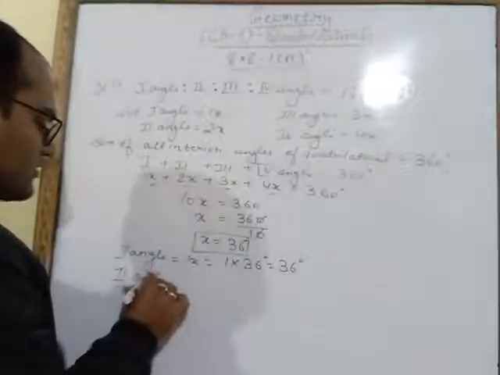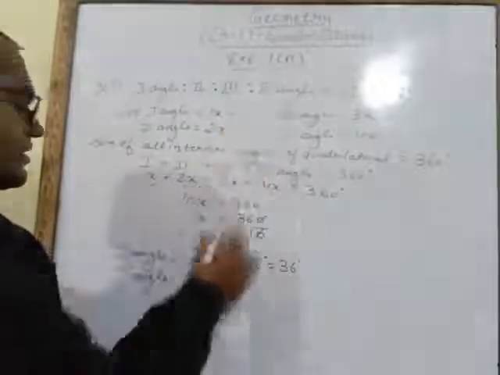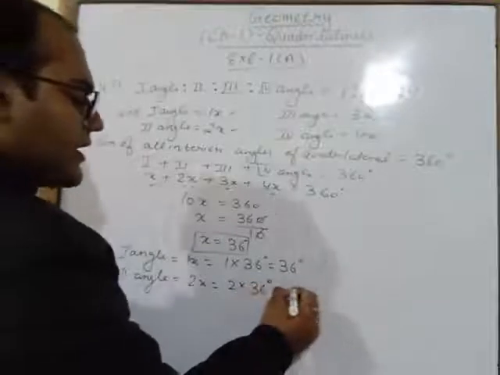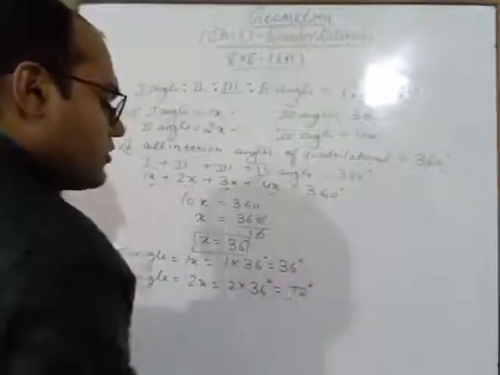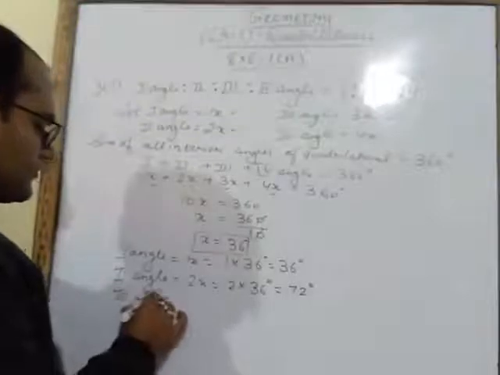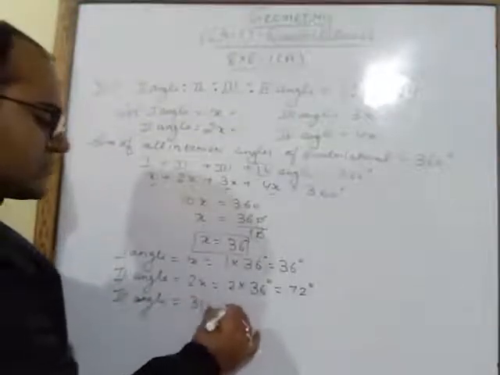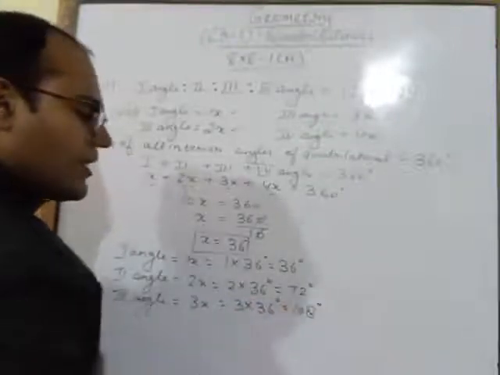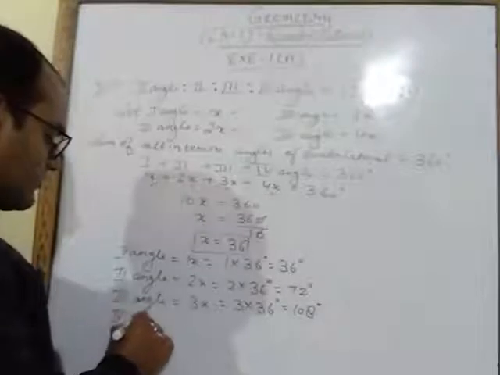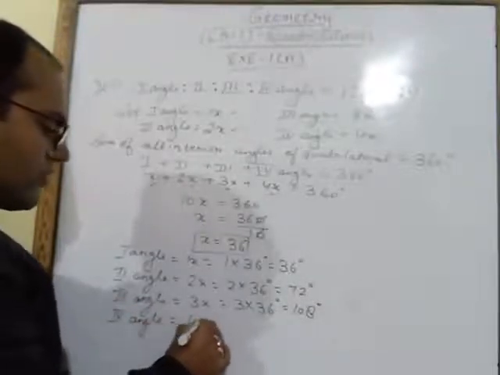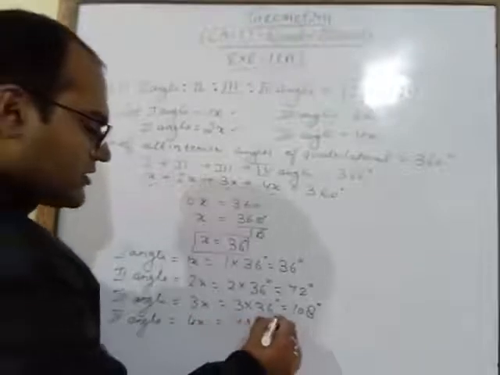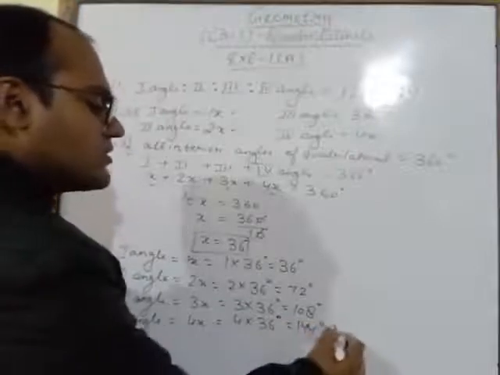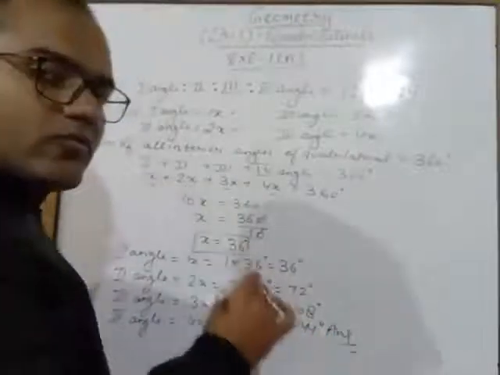The second angle we had assumed as 2x, so 2 multiplied by 36 degrees gives 72 degrees. The third angle is 3x, so 3 into 36 degrees gives 108 degrees. The fourth angle is 4x, so 4 into 36 degrees gives 144 degrees. So this is the final answer of question number 4, first part.